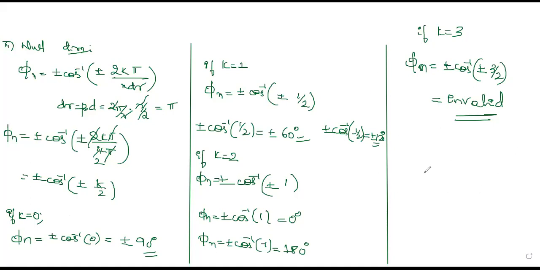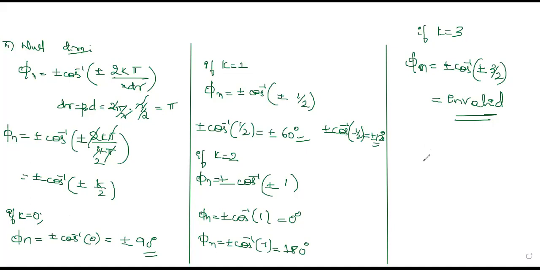This is how you find out the null direction. After this, you have to find out the first null beam width as well as the half power beam width. To find out the first null beam width, you had derived the formula. In the previous case 1, you got the first null beam width as plus or minus 2 sine inverse of plus or minus 1 by 2.